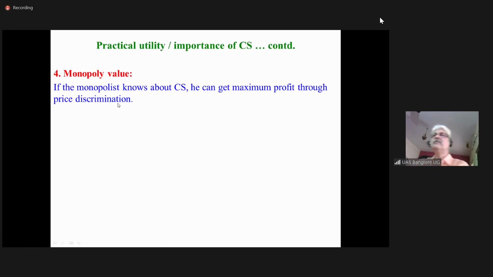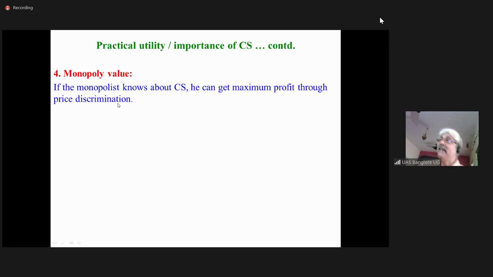What it means is, suppose, this may not be a perfect example, but I'll tell you. Suppose there is only one doctor in the village, and all the villagers have to go to that doctor for any medicine. He's the monopolist. He's the only seller of medicines in the village.